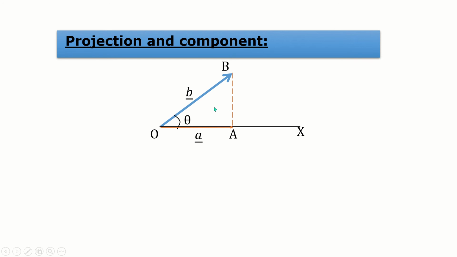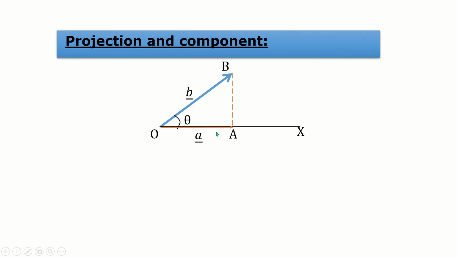So from this triangle we get 6 trigonometric ratios, that means sin, cos, tan, cot, cosec and sec. Clear? But we have to find the projection of OB vector or small b vector. Projection of OB vector is equal to OA.